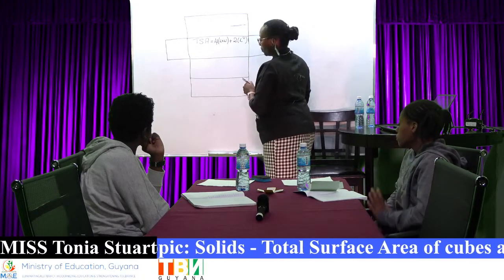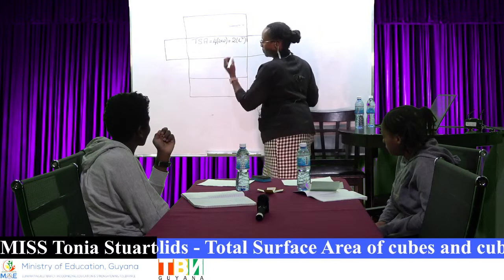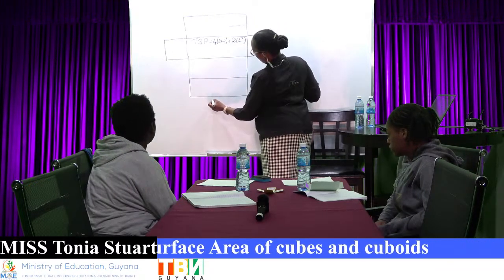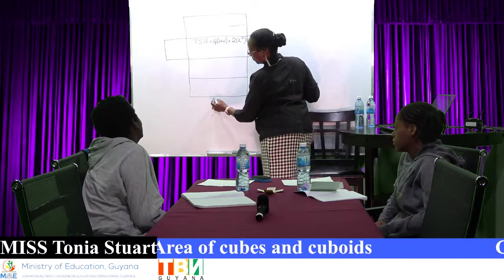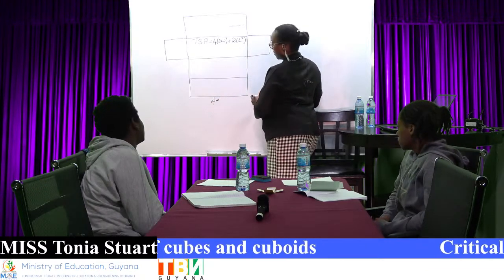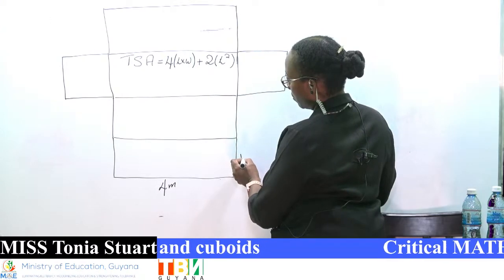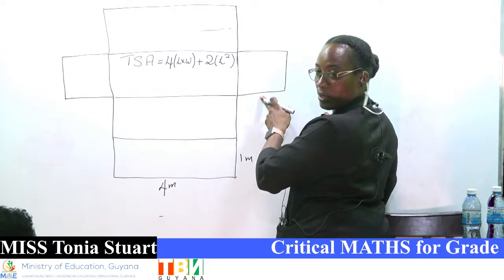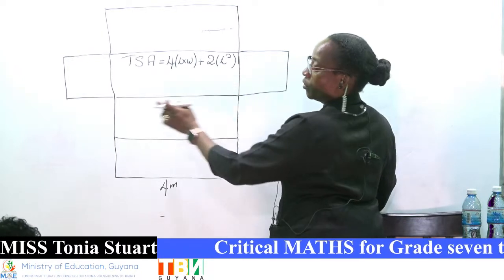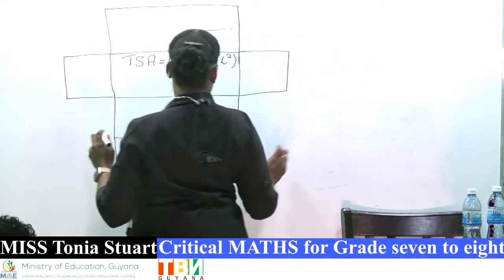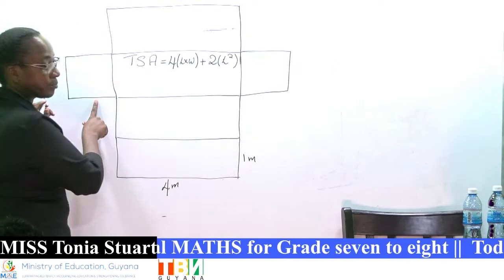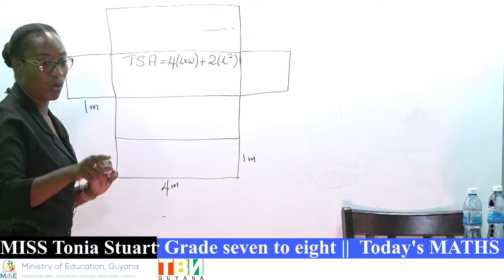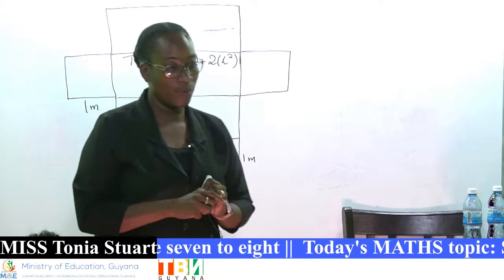So we have our shape here. Let's give some dimensions. 4 meters, 1 meter. If this side is 1 meter, how much would be here? 1 meter. Because when the shape is enclosed, please enclose your shape.